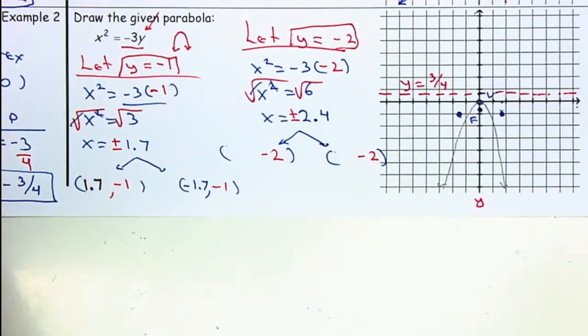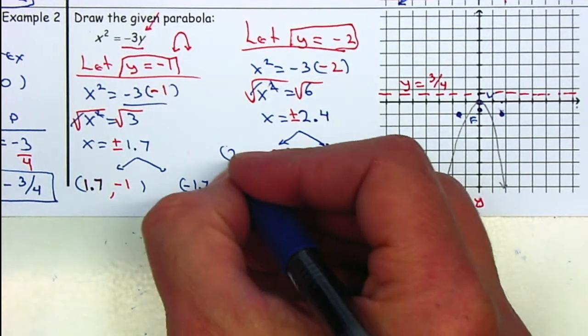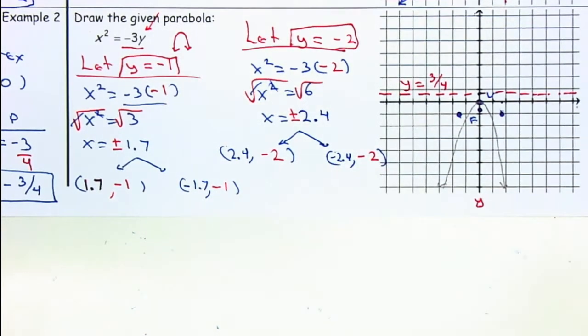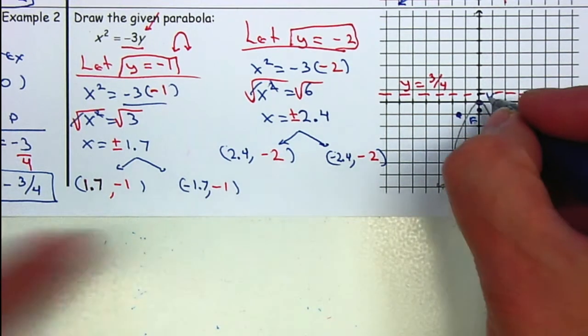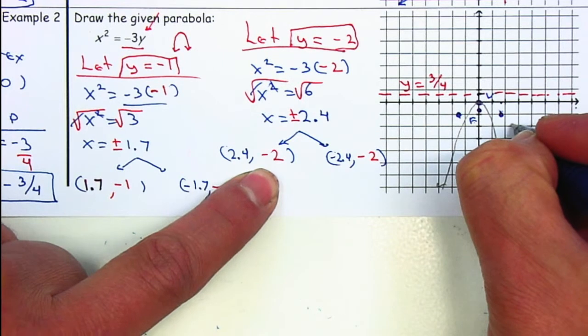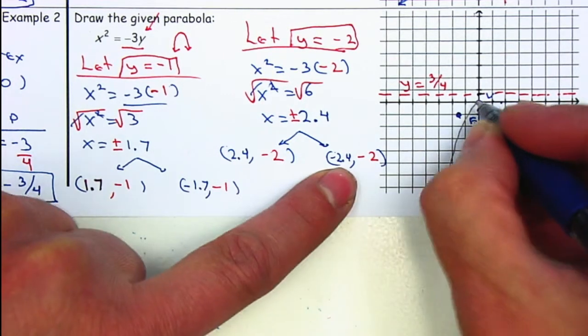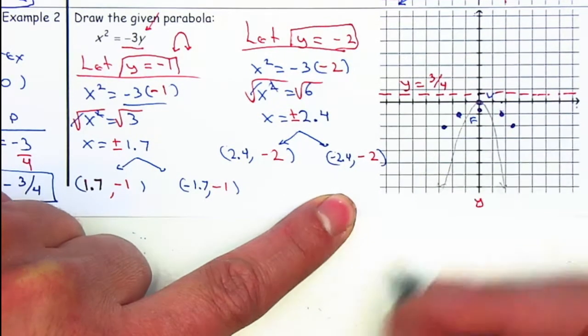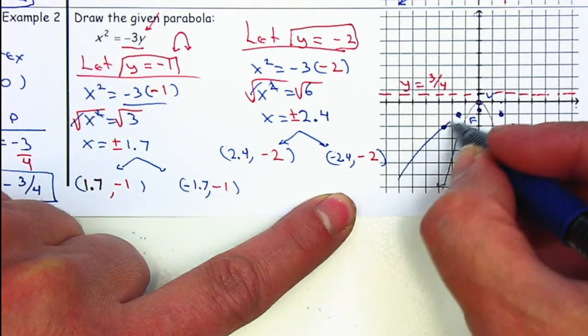The corresponding x value, one of them is 2.4, the other one is negative 2.4. And I go and plot both points. So I'm going to go to the right 2.4, and down 2. And to the left 2.4, and down 2. And that'll be my parabola, facing down.